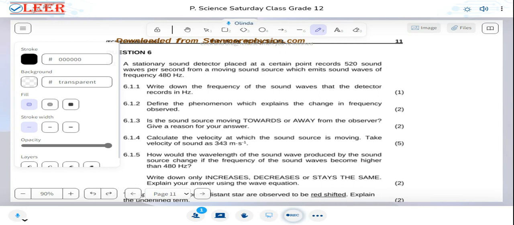So now we've covered electric circuits and we've done two past papers. Now we're moving on to sound and light. Yeah, sound waves.